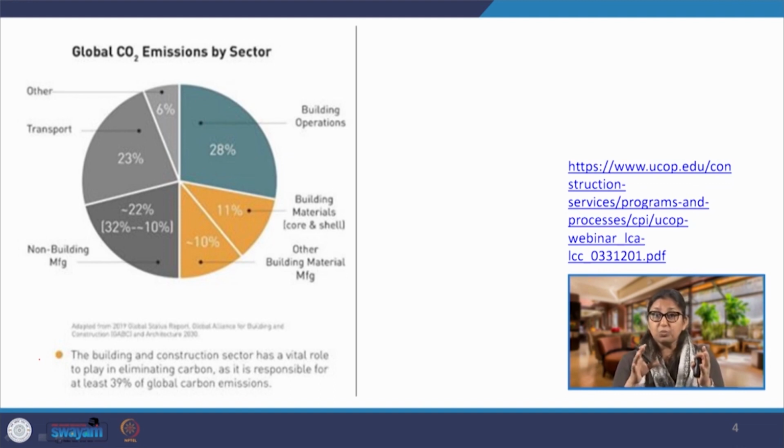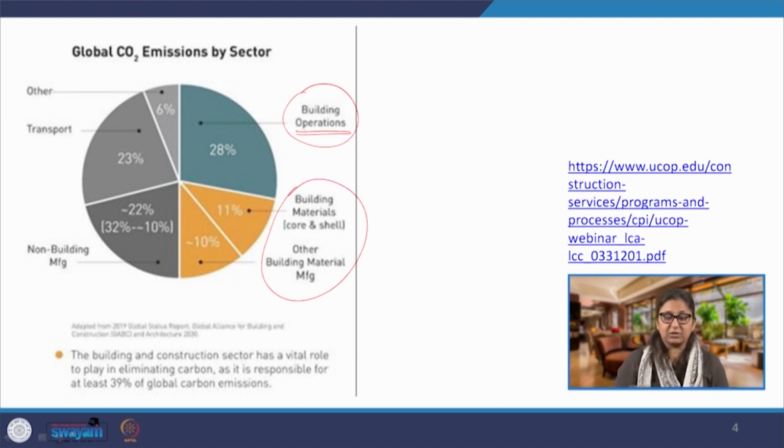So, we can clearly see that it is extremely important to focus on building design, because it is going to affect the operations, the GHG emissions due to building operations, and almost the remaining quarter is coming from manufacturing of these materials and the emissions due to these materials. So, together we are looking at a significant portion of overall GHG emissions when we say we have to look at building design and construction and reduce the emissions there.